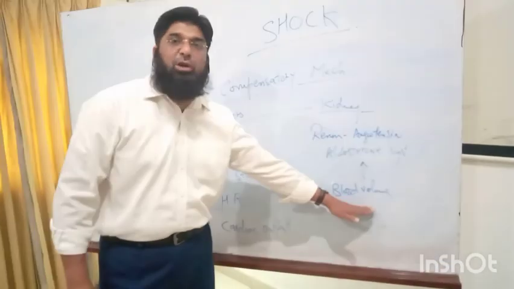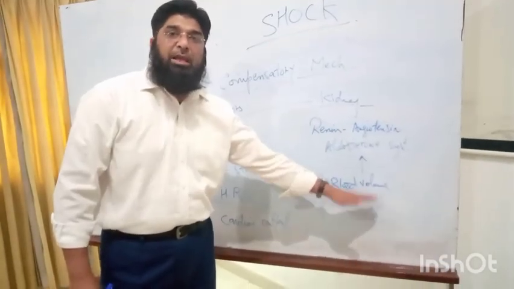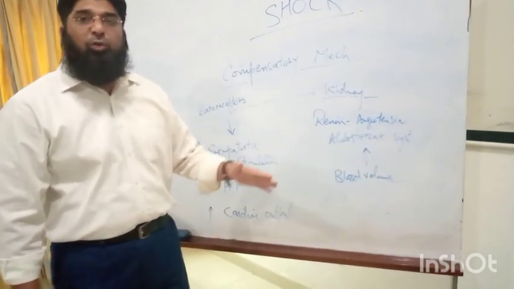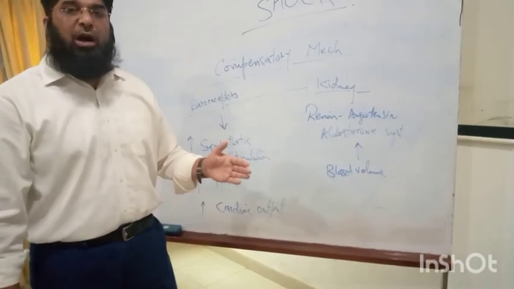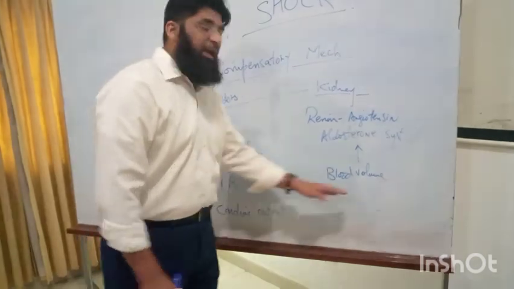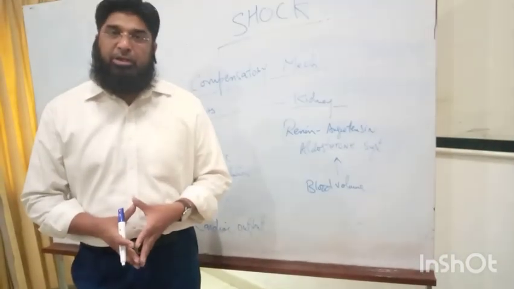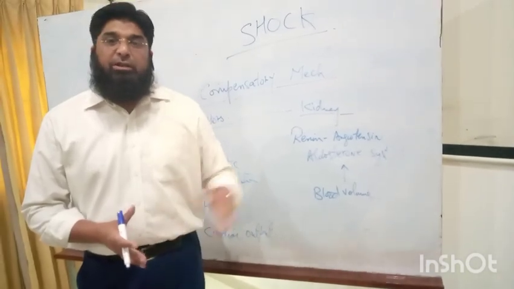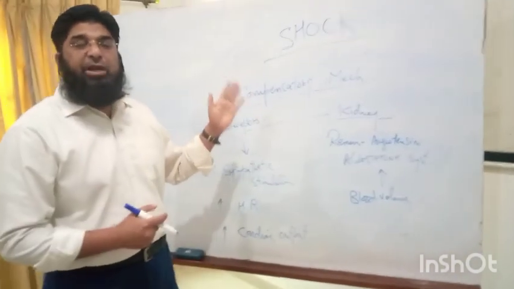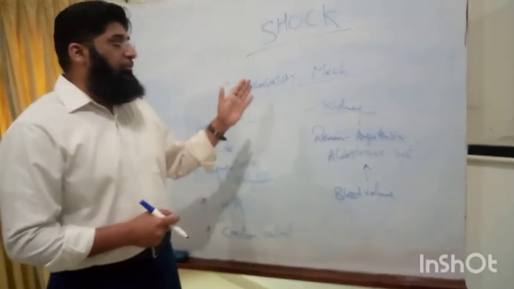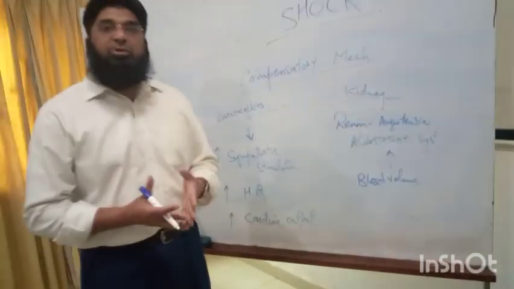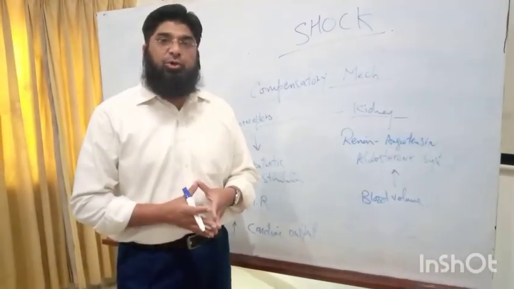This increased circulatory volume increases the stroke volume and cardiac output of the heart, thereby trying to compensate the downgoing blood pressure. So this was the compensatory mechanism which automatically comes into action under the conditions of shock.